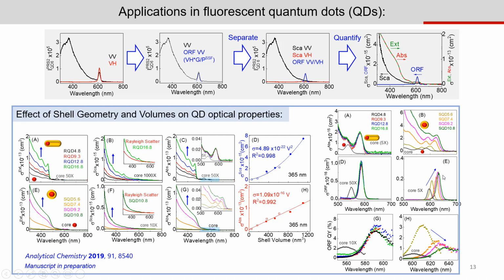By dividing the ORF by the absorption at each wavelength, we for the first time obtain the ORF quantum yield. The increasing shell thickness actually reduces the ORF quantum yield for the spheres, which can be related to the ORF photons being reabsorbed by the shell.